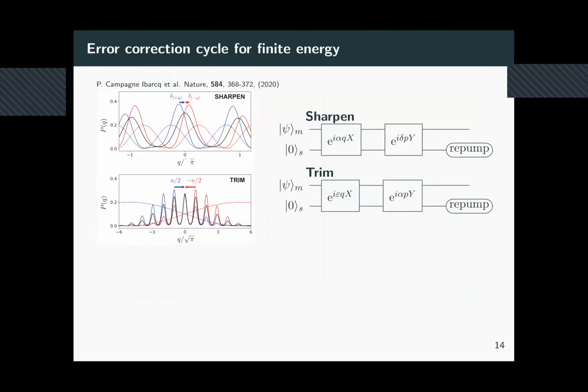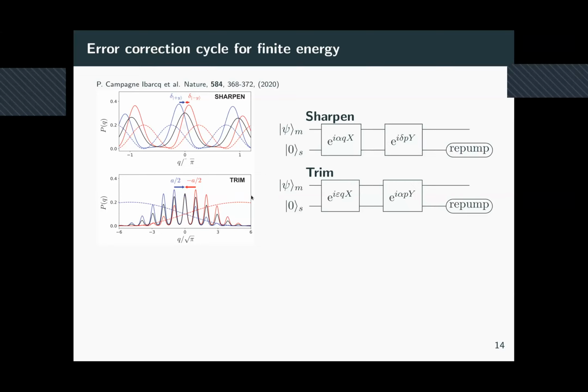So the idea in Philippe's paper to deal with this was to add an additional sequence that looks like this. I've now written it in the form of a repump as we do it, which limits the energy of the state.